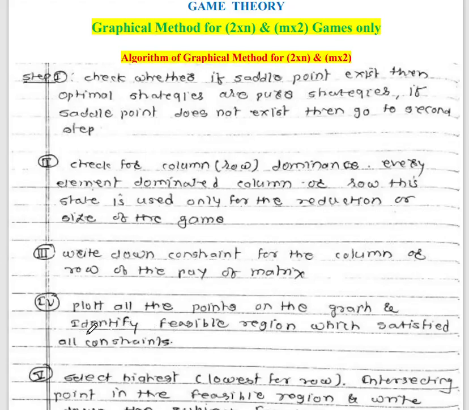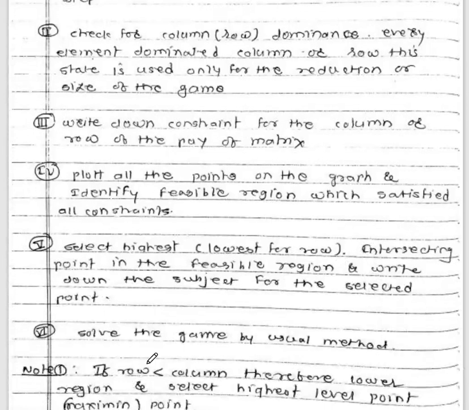Then plot all the points on the graph and identify the feasible region which satisfies all the constraints. Okay. Next step will be to select the highest or lowest point for a row, the intersecting point in the feasible region, and write down the equations for the selected point.